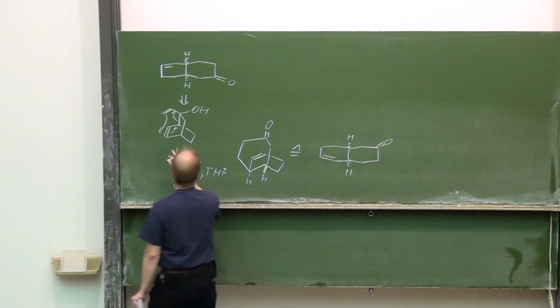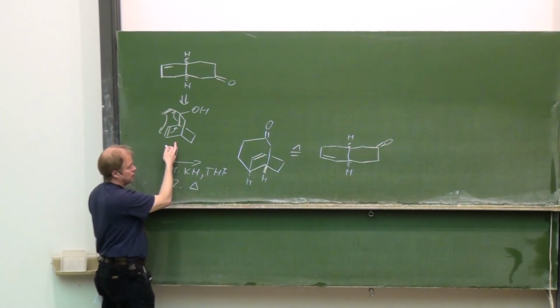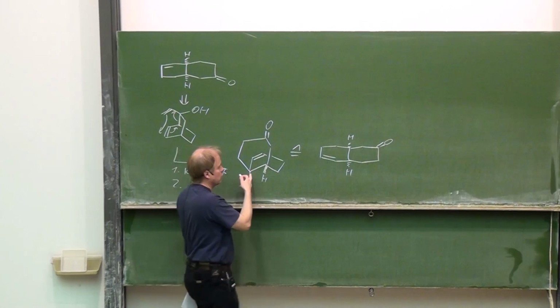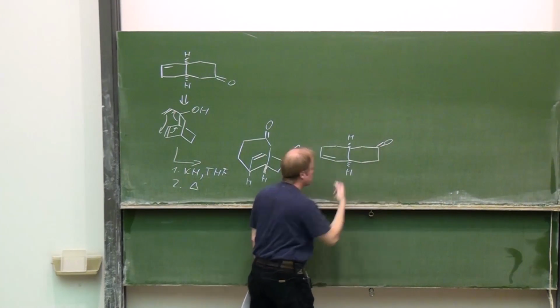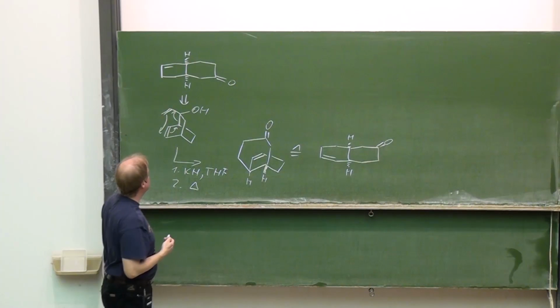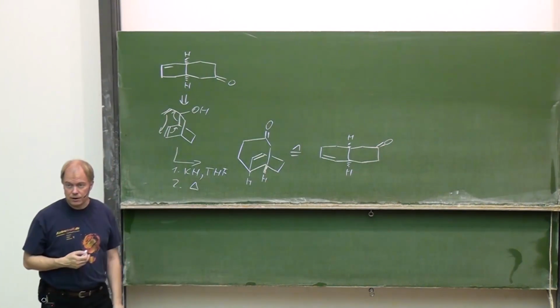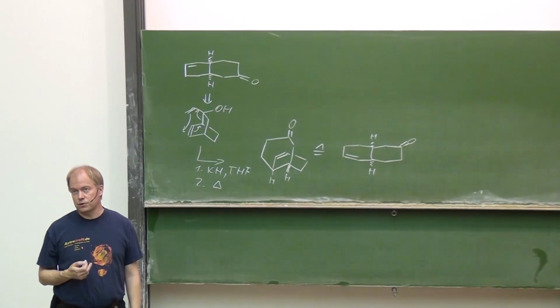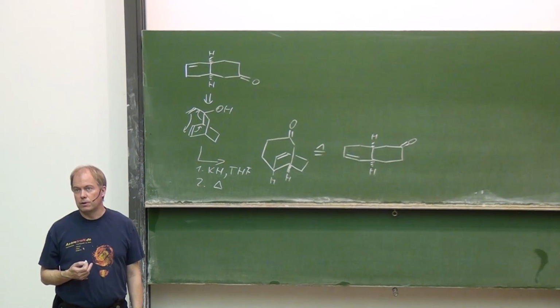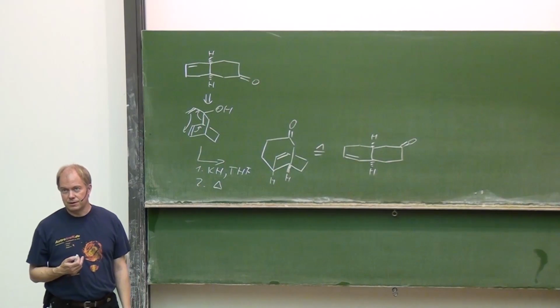So this structure with an oxy-Cope rearrangement would lead to this product, and if we compare that to our initial target, we notice, of course, these are mirror images, right?